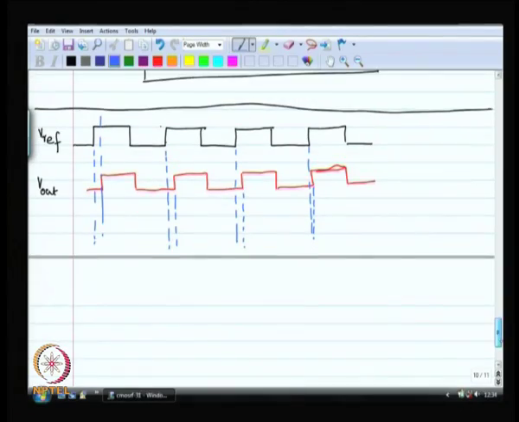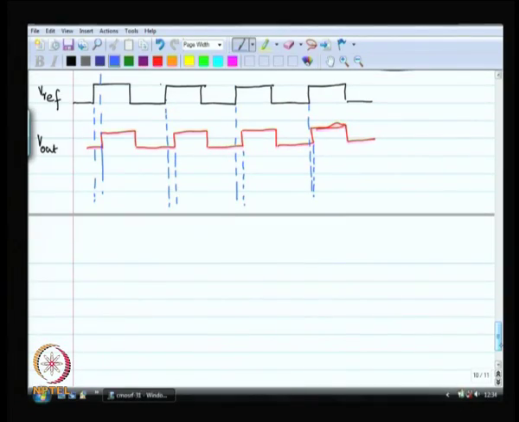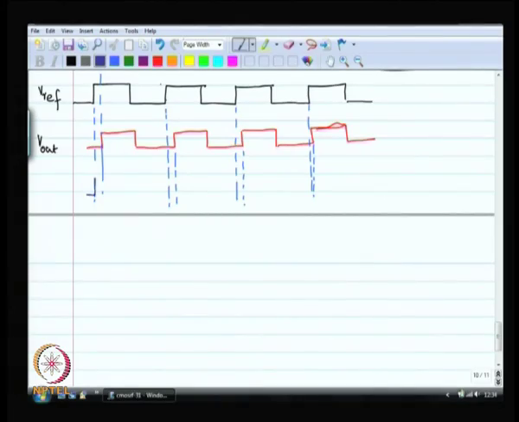Let us just see if I do XOR of Vref and Vout. When Vref and Vout are different, it will give me a 1. When they are the same, it will give me a 0.